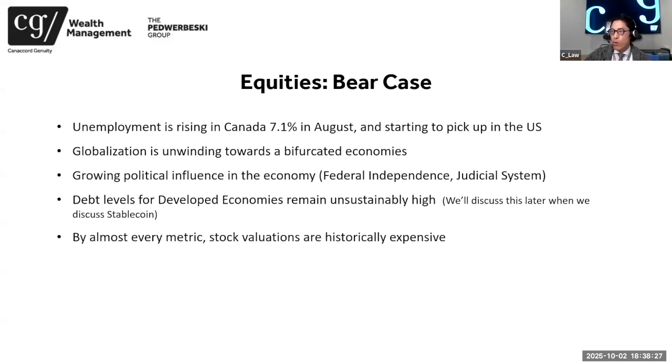Globalization is unwinding towards more bifurcated economies, with growing political influence, which we discussed, and debt levels in the developed economies remain unsustainably high. We'll touch on this a little more when we get into stablecoins. And by almost every metric, stock valuations are historically expensive. It should be noted, though, that if inflation continues to stay elevated due to a strong US economy, we would expect price earnings ratios to remain elevated and maybe even expand further from here.